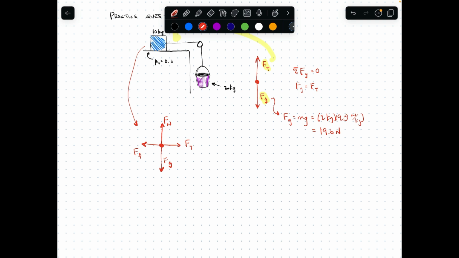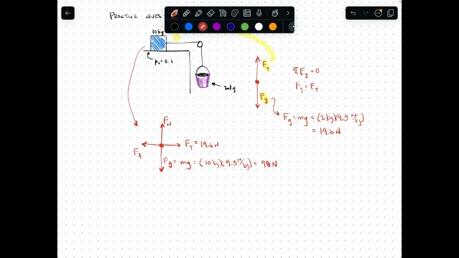And so, again, what can we calculate? Well, we know the force of tension, if it's standing still, is 19.6 newtons. The force of gravity is m times g. That's going to be 10 kilograms times 9.8 newtons per kilogram, and that works out to be 98 newtons.